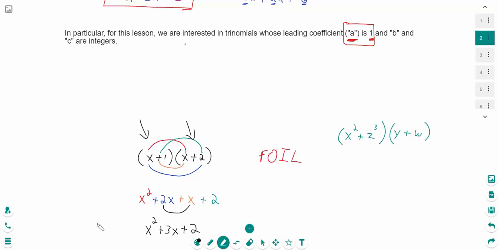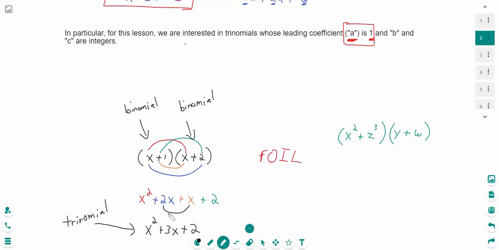And what did that give us? That gave us this, which is a trinomial. Trinomial. These are binomials. Okay, just to use some of our vocabulary here. So we have the two binomials being multiplied by each other, and that produces a trinomial.